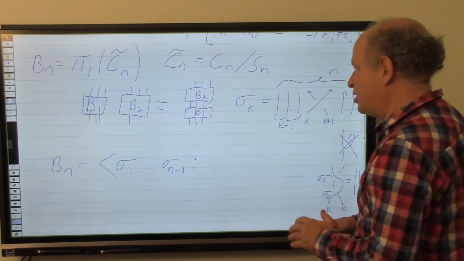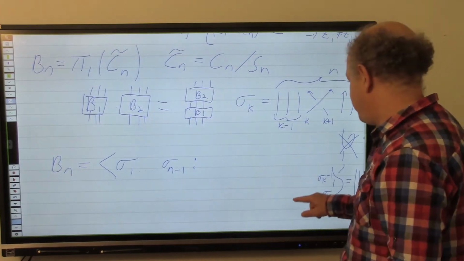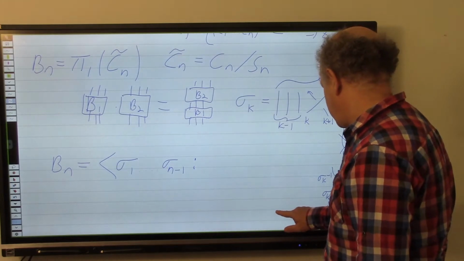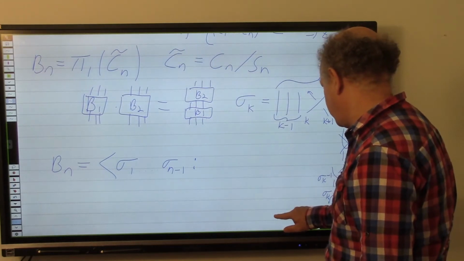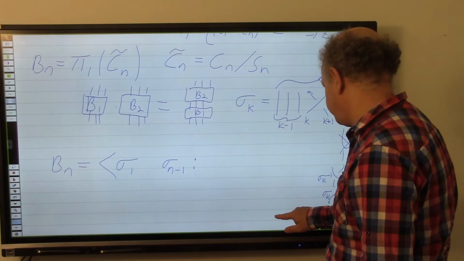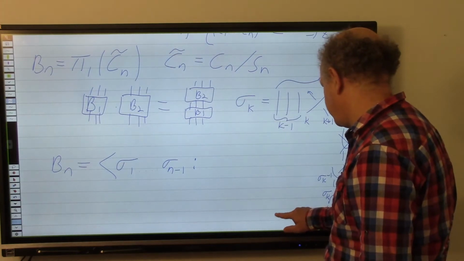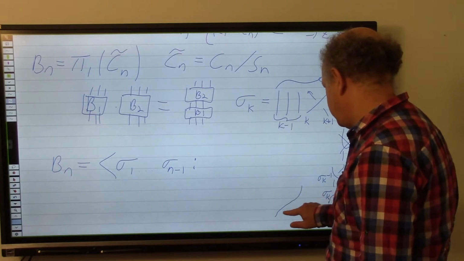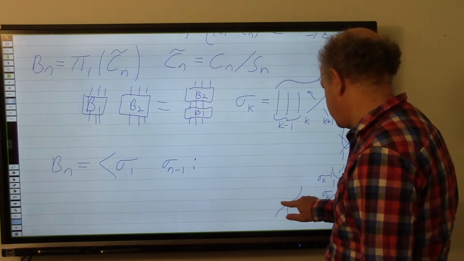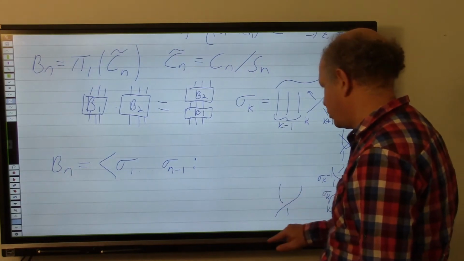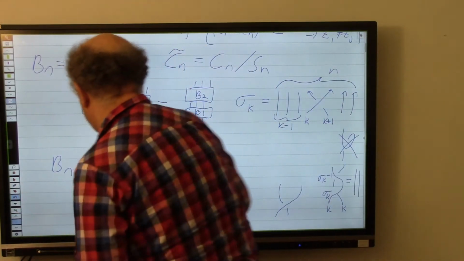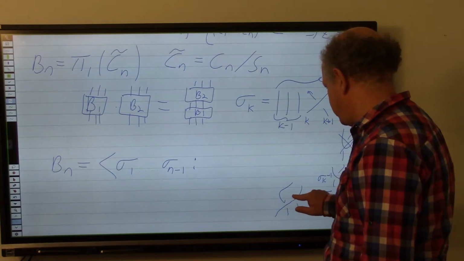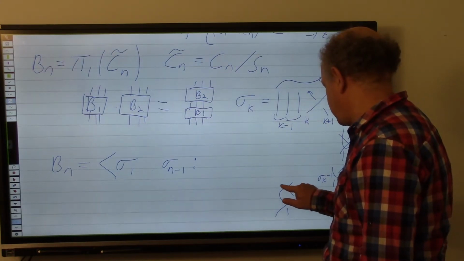However, Reidemeister 3 does have a meaning. So if you draw Reidemeister 3, let me try to draw it. This one goes like that, this one goes like that, and the third one goes like that.